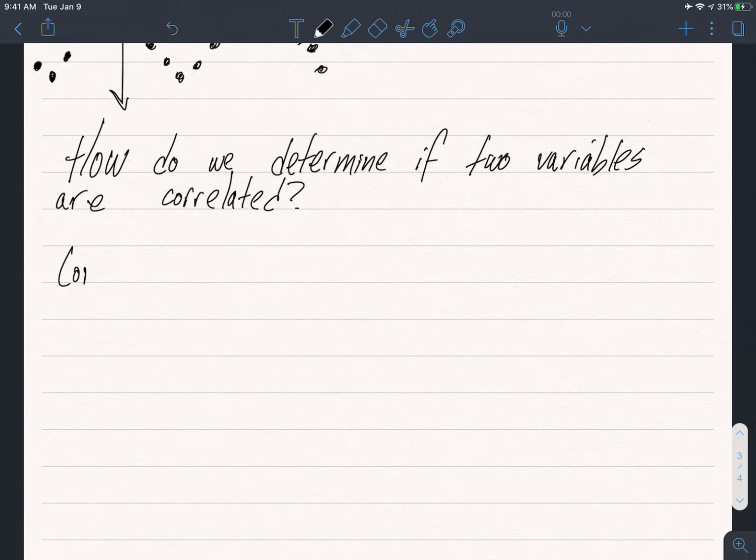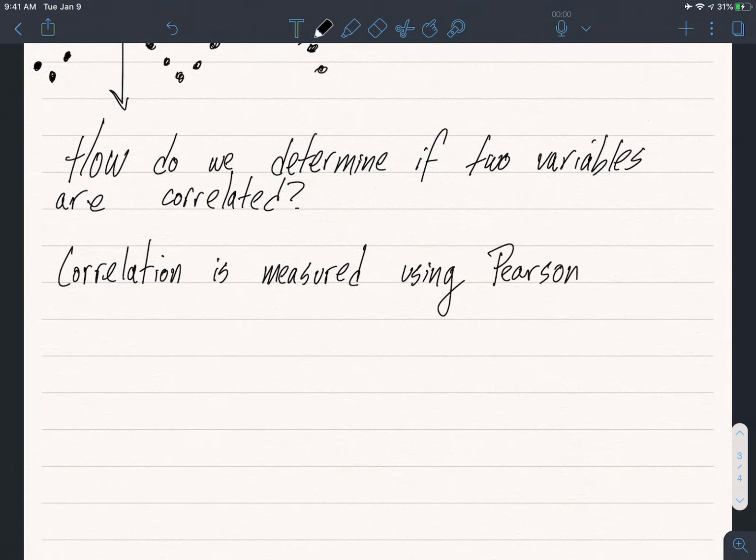So correlation is measured using something called the Pearson correlation coefficient.